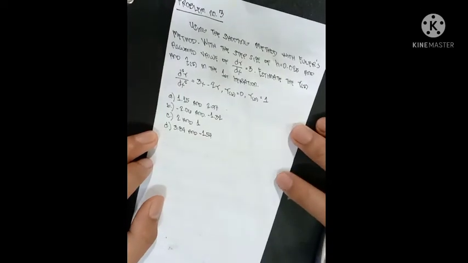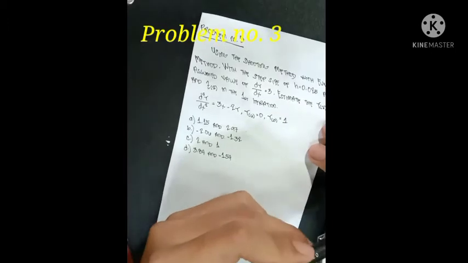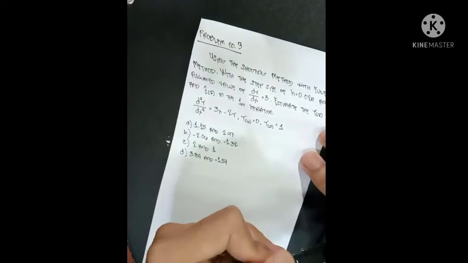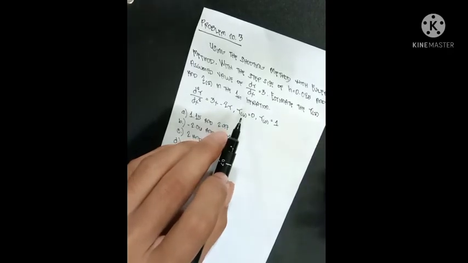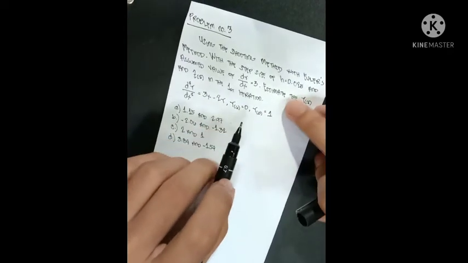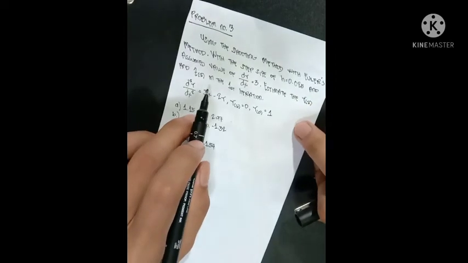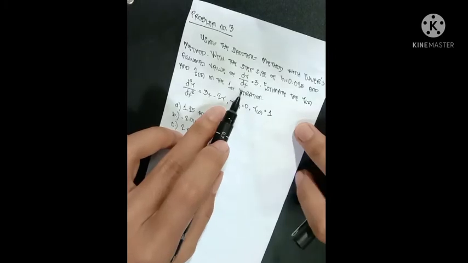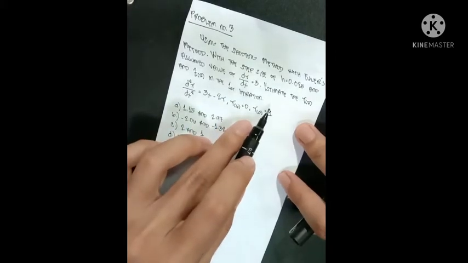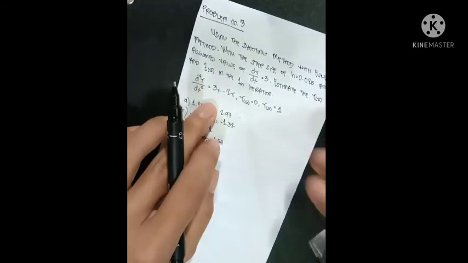So next, problem number 3 in shooting method for ODE. Assuming we use the shooting method with Euler's method with a step size of h equal to 0.025, and assume the value of dy over dx is equal to 3, estimate y sub 2 and z sub 2 in the first iteration.